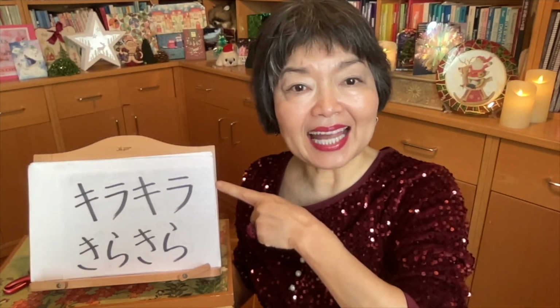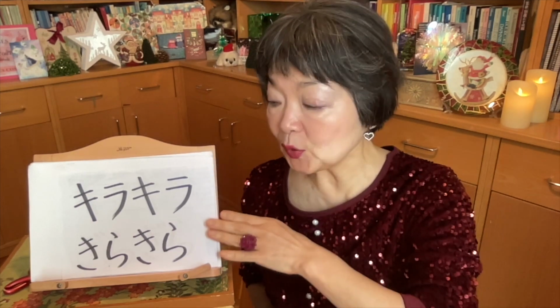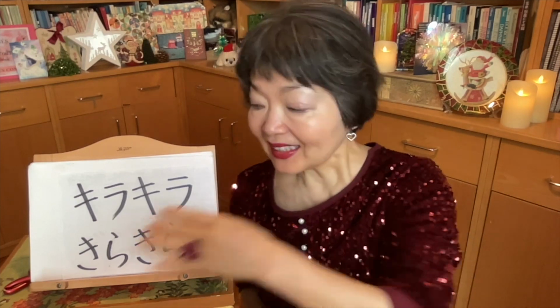You see kirakira in both katakana and hiragana. We can use both. We usually use katakana when we write onomatope, but if you want, you can also use hiragana. Hiragana is more circular, so it looks a little bit milder. Kirakira and giragira both mean they shine.